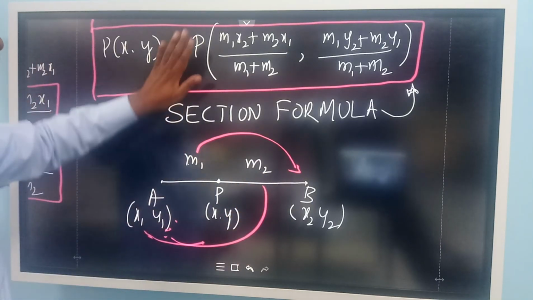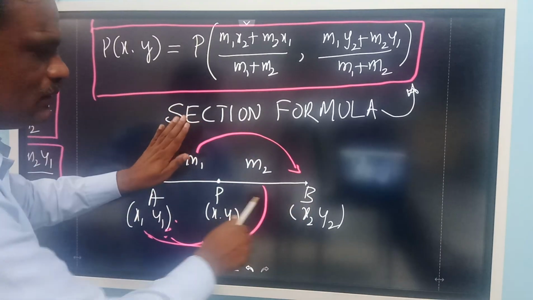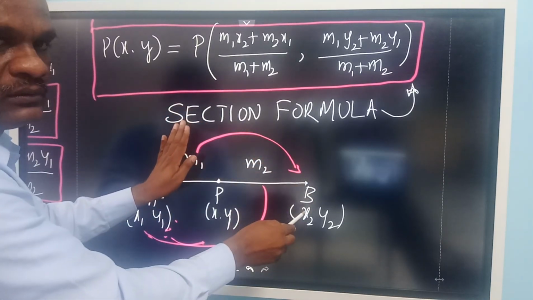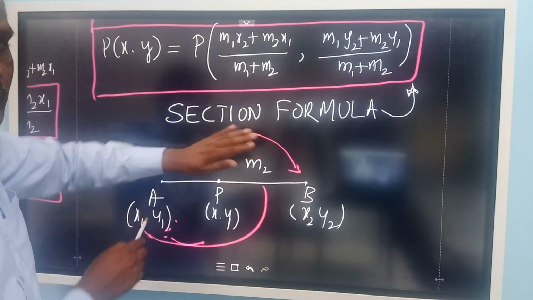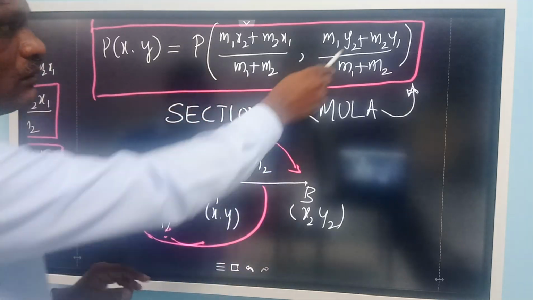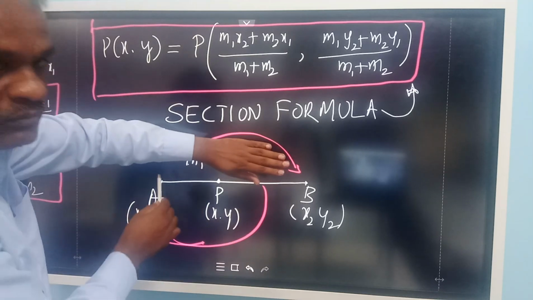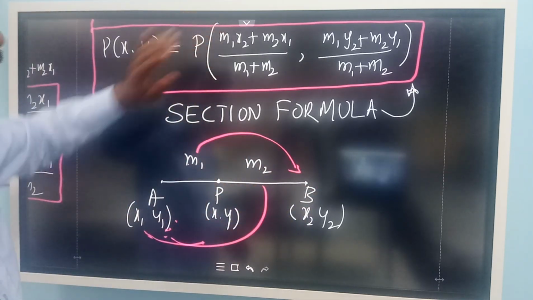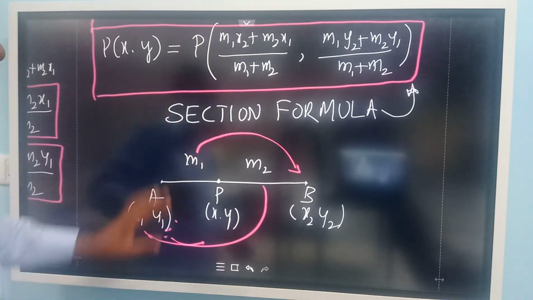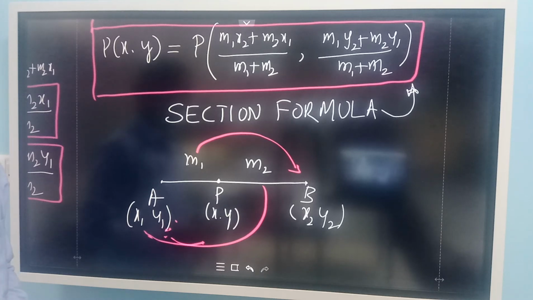Very easy to remember. See this side ratio, first term, you go to that side. So m1 to the other side, m2 to this side. By this method you can remember the formula and write the formula wherever it is necessary. This is called as section formula.